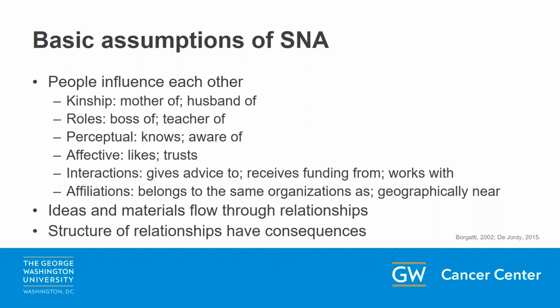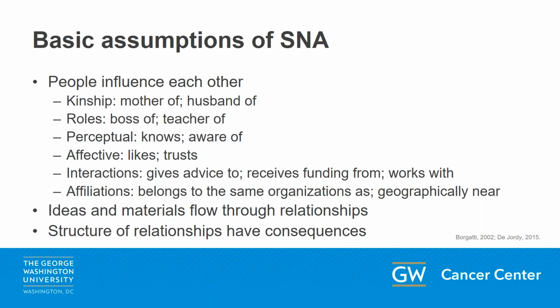One assumption is that social network analysis assumes that people influence each other. There are different types of influences, such as kinship, which is saying I am a mother of or a husband of, or roles, like somebody is the boss of somebody or a teacher of somebody. There are also perceptual influences, like, I know this person, or I have heard of this person.